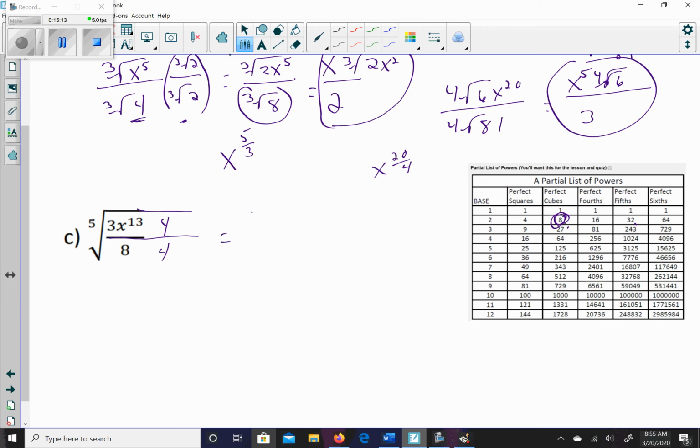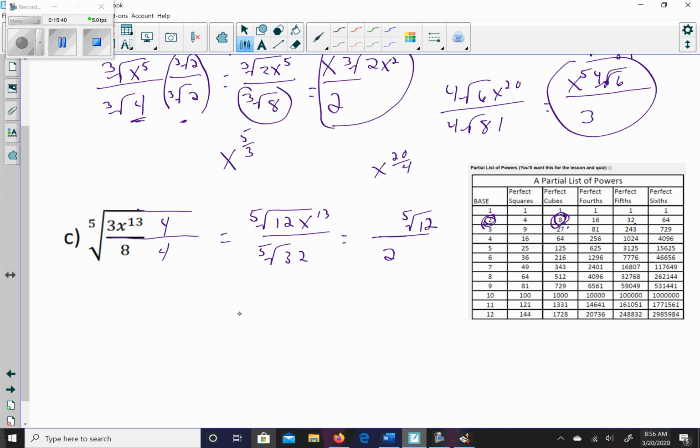So this will be the 5th root. 4 times 3 is 12. So this is the 5th root of 12x to the 13th over the 5th root of 32. The 5th root of 32 is just going to be 2. And the numerator, the 5th root of 12 cannot be simplified. There are no perfect 5th roots in 12.